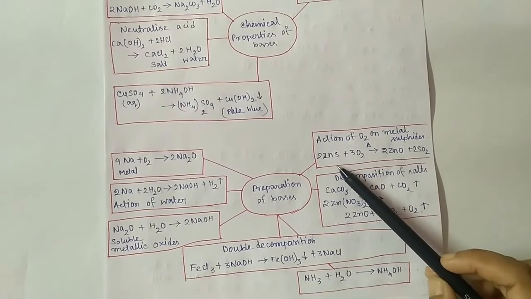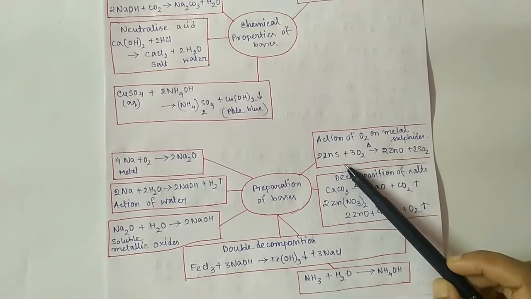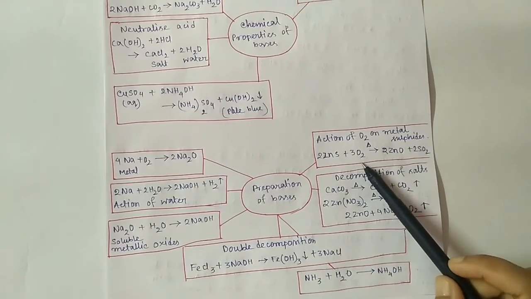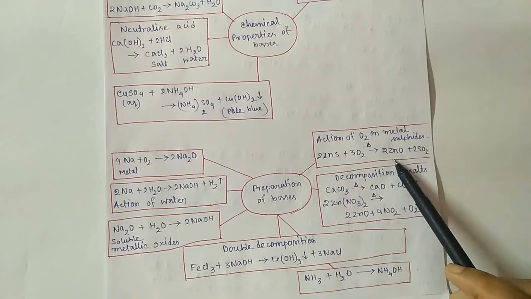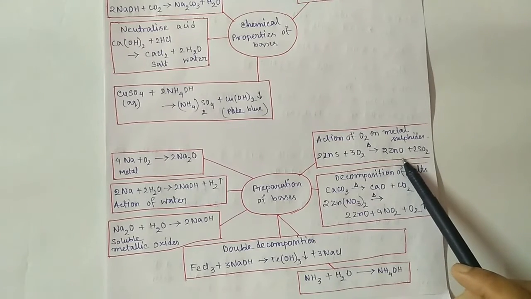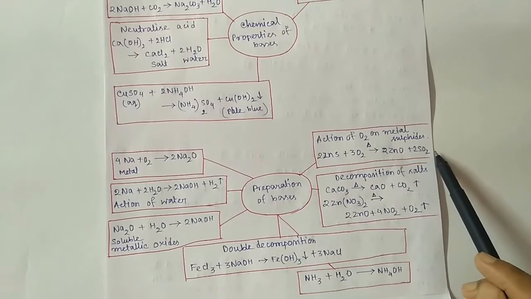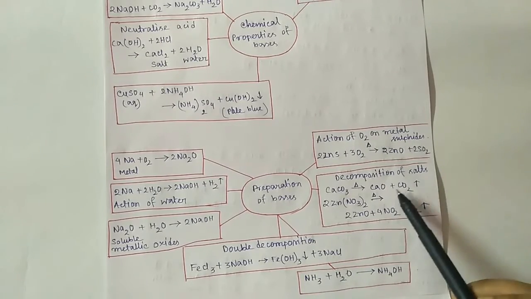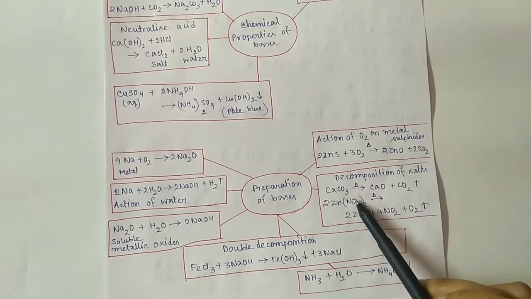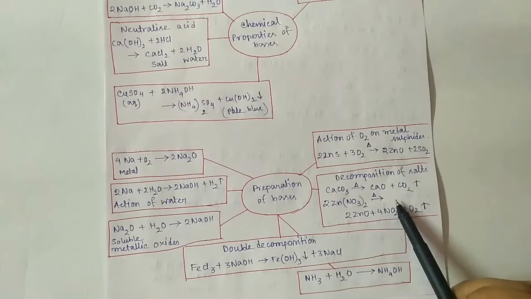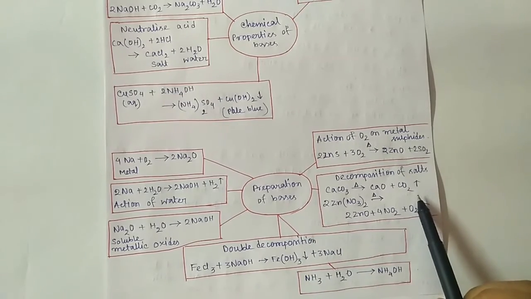Now, action of O2 on metal sulfides. There is a metal sulfide ZnS, zinc sulfide. When we heat ZnS with oxygen, it produces ZnO, a basic oxide, and sulfur dioxide gas is emitted. Now, decomposition of salts. For example, calcium carbonate, when heated, produces CaO, and CO2 gas is emitted.